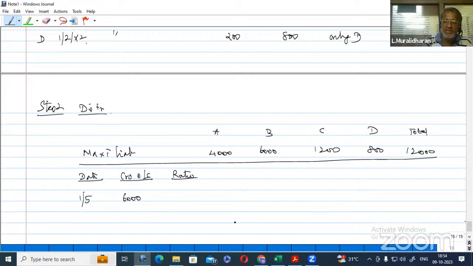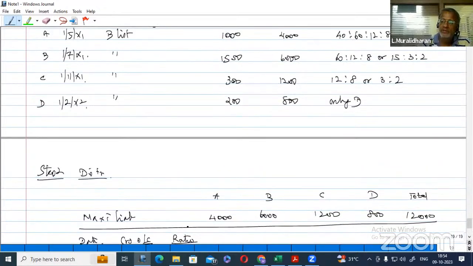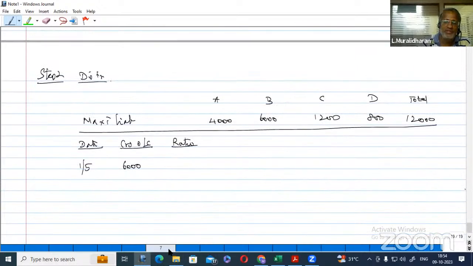Ratio of application 10:15:3:2. So what is the ratio? 25:30. 2,000, 3,000, 600 and 400.